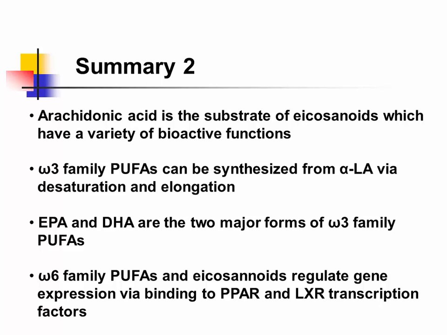And these two categories of fatty acids can compete with each other for the metabolizing enzymes, right? Yeah, I guess that's all you guys need to know for essential fatty acids.